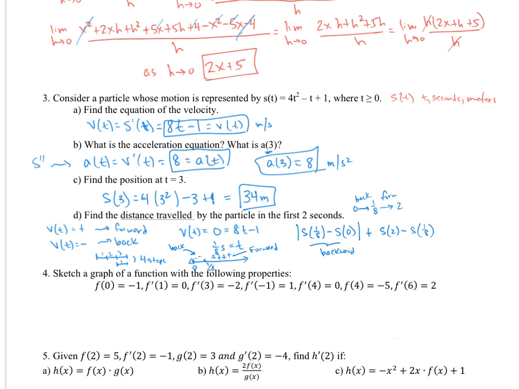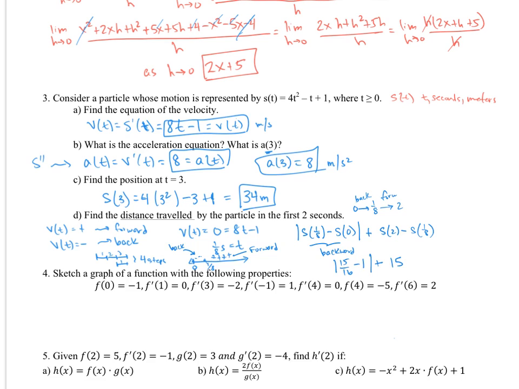So putting in s of 1/8, put in 1/8 into your equation, and you're going to end up with 15/16. I'm just sparing you the math and details in between. I went ahead and already did this. Minus s of 0, put in 0, you'll get 1. Plus s of 2 ends up being 15.